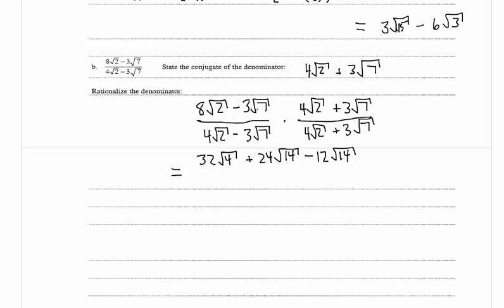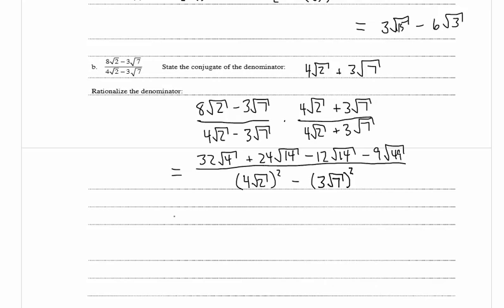And then I have negative 3 square root of 7 times positive 3 square root of 7 is negative 9 times the square root of 49. And now in the denominator, we have 4 square root of 2 squared minus 3 square root of 7 squared.